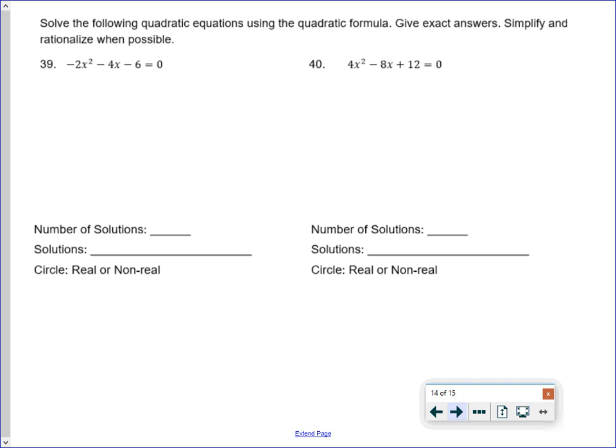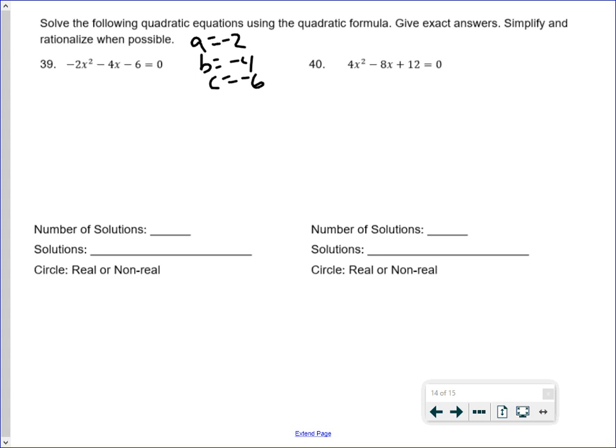Okay, so we're going to solve the following quadratic equations using the quadratic formula, and we'll get exact answers, and we'll simplify and rationalize when possible. Okay, so for 39, we know our a is negative 2, our b is negative 4, and our c is negative 6. We're going to put that into our quadratic formula.